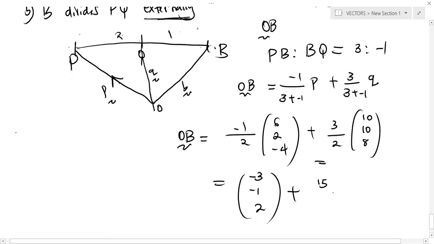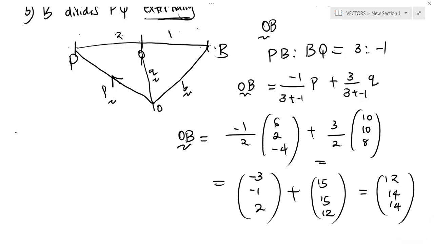And then 3 over 2 times 10 will also be 15 again. 3 over 2 times 8, that will be 12. Okay, adding this all up, this will give us 12, 14, and then 14. So that's basically how we go about the ratio theorem.